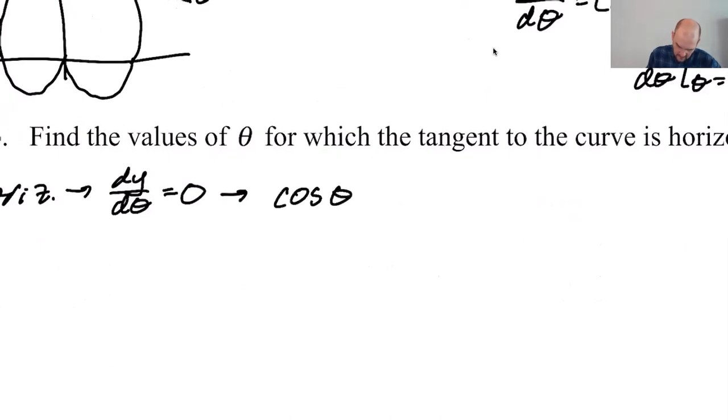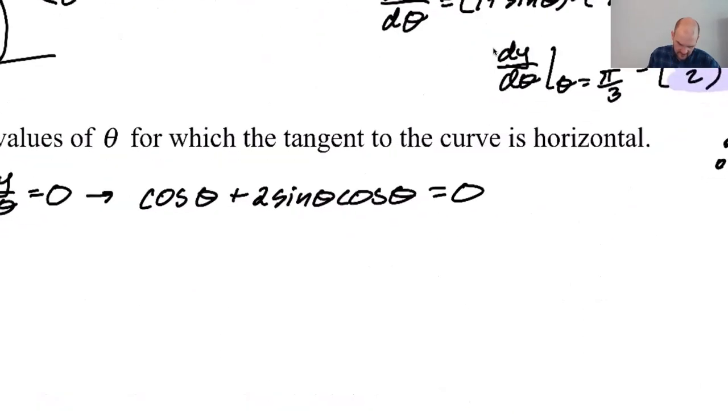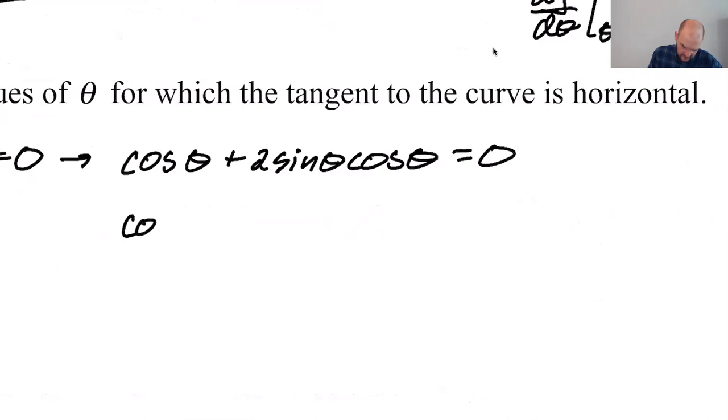So I'm going to say cosine plus 2 sine cosine equals 0. And then let's just confirm that's right. I think that's right. Take out cosine, get 1 plus 2 sine theta equals 0.